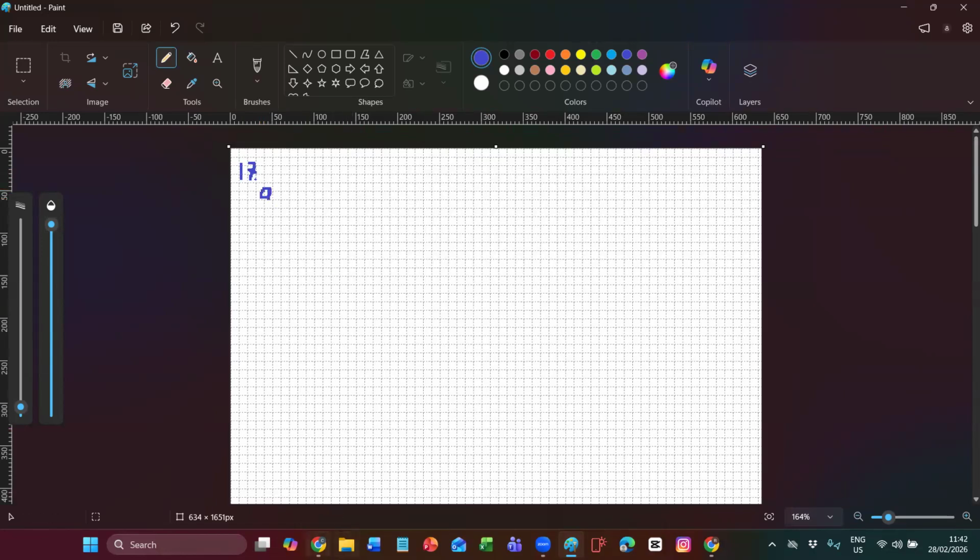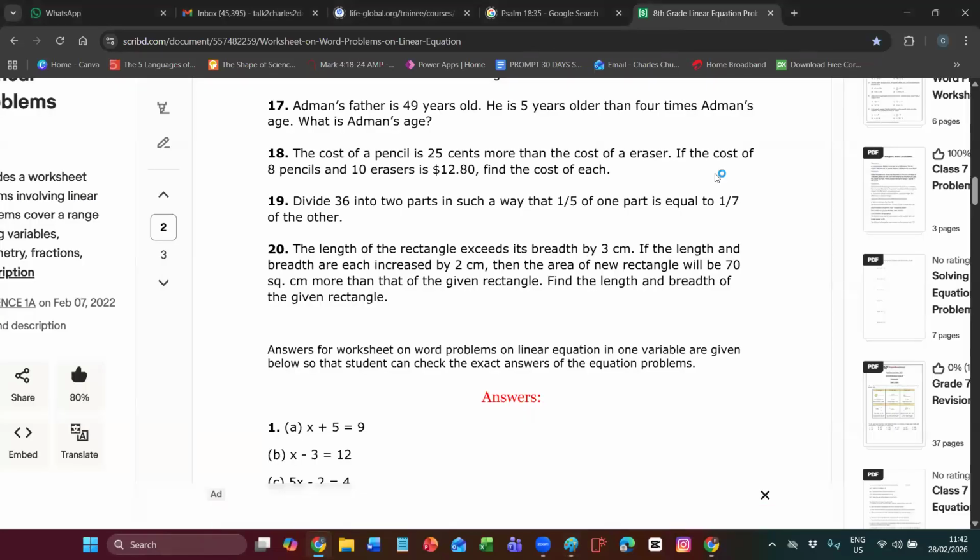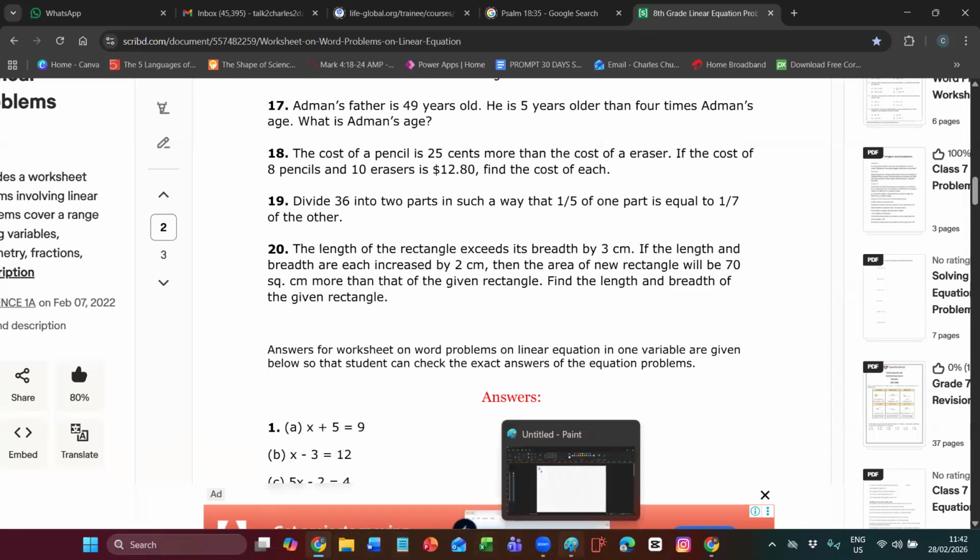If I go back to the question, he is 5 years older than 4 times Adman's age. How would you represent that? That would be 4x plus 5 equals 49.